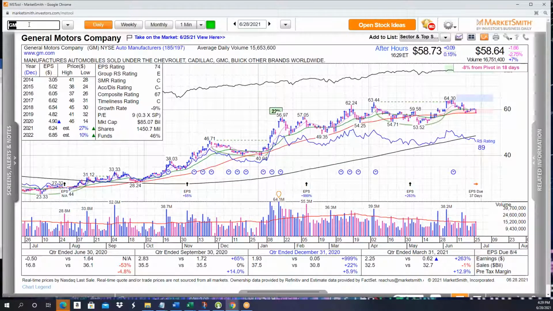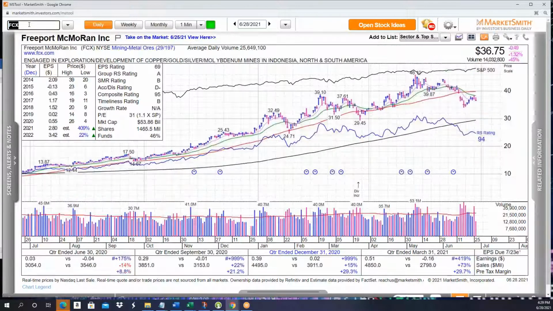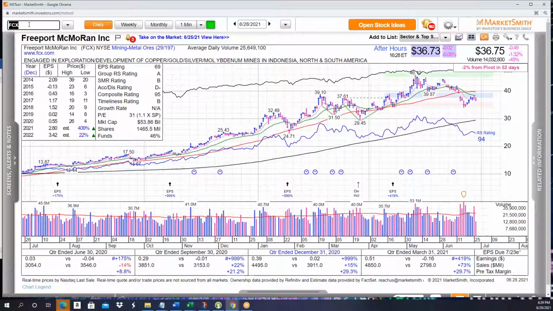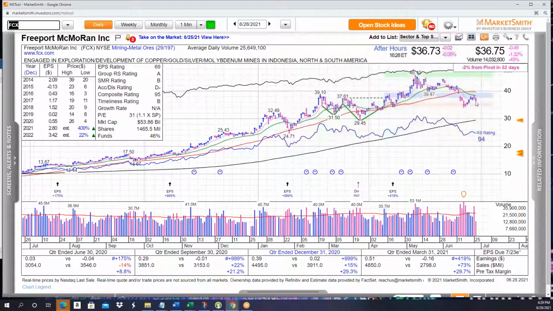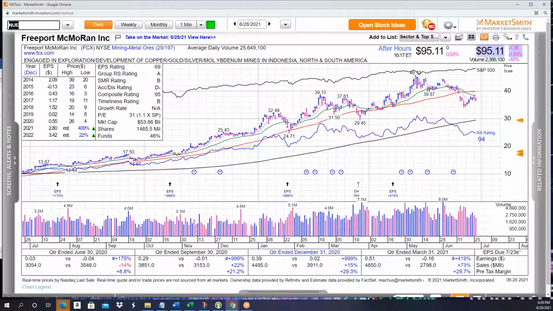You also saw some names like FCX get hit pretty hard, and I say pretty hard, 1.3%, but this action is exactly what I'm talking about here as far as a change in character, not able to get over a declining moving average and then heading lower today. We also got stopped out of two names in Grotection today.